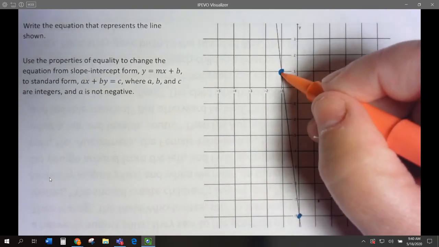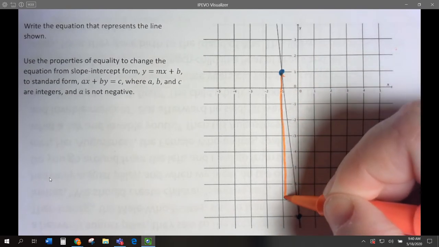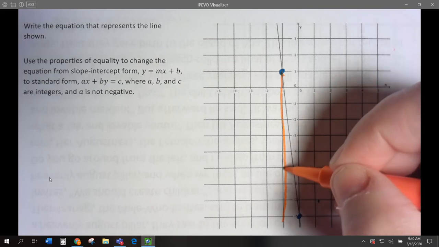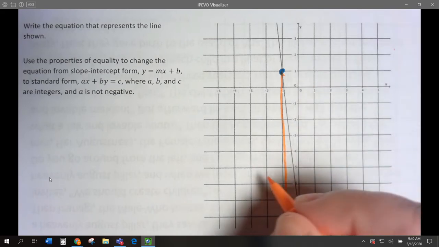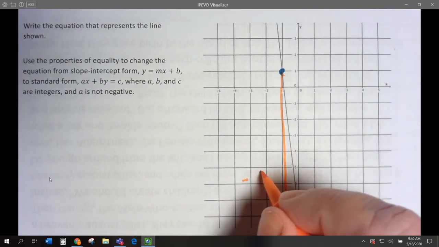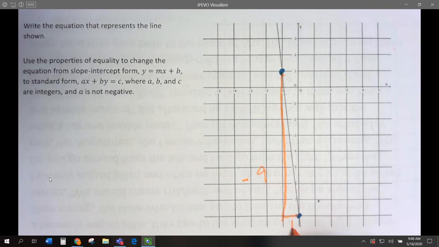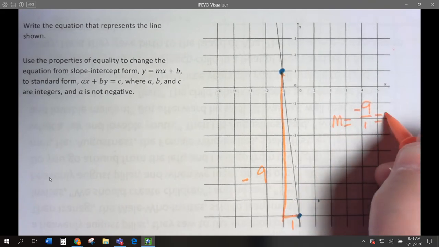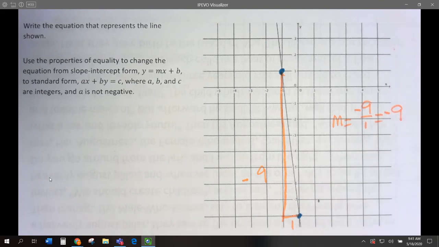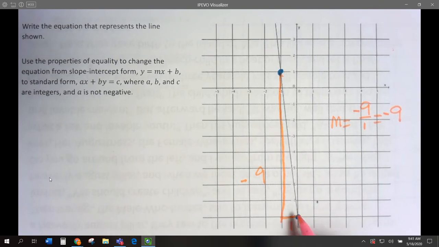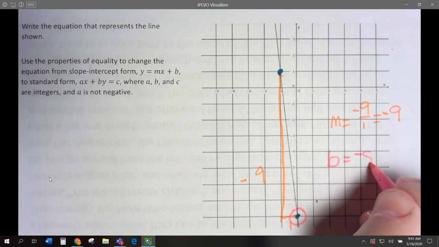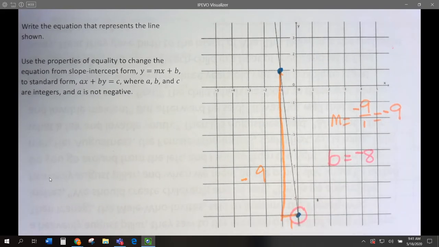Our rise is negative because we're going down: 1, 2, 3, 4, 5, 6, 7, 8, 9. -9 over 1. So m equals -9 over 1, which is -9. And b would be right here. b would be -8.